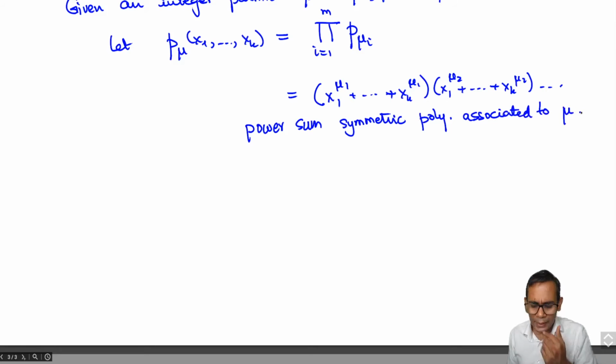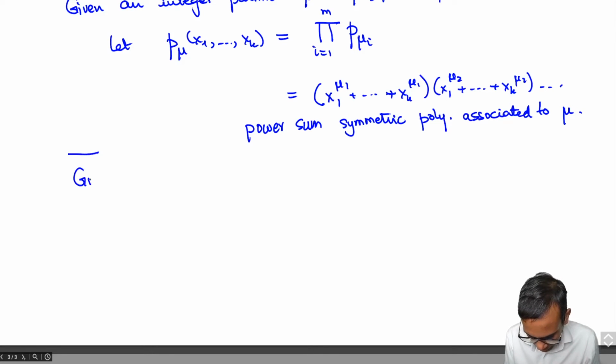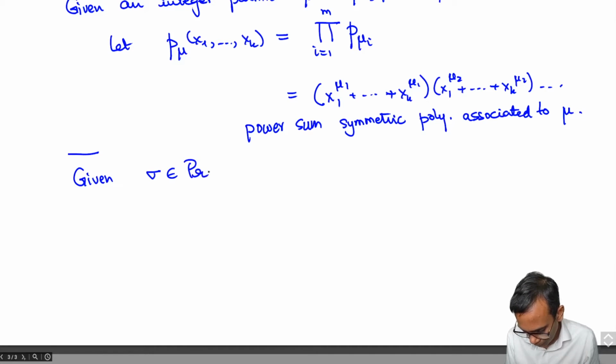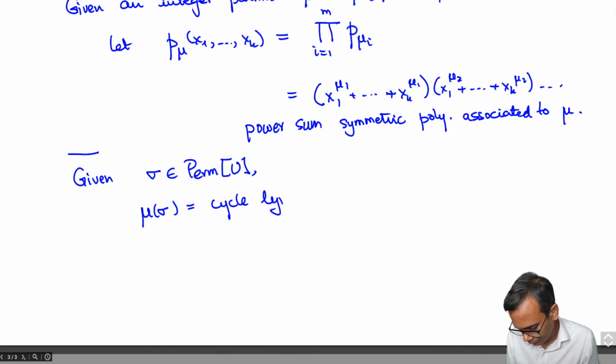And one more small piece of notation I should introduce so that I can state the Polya enumeration theorem easily: given sigma in Perm U, I'll define mu sigma to be the cycle type of sigma.